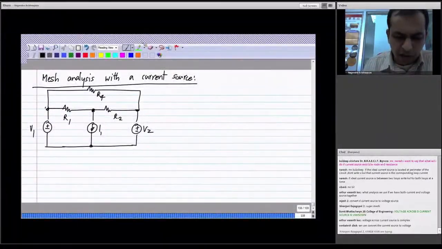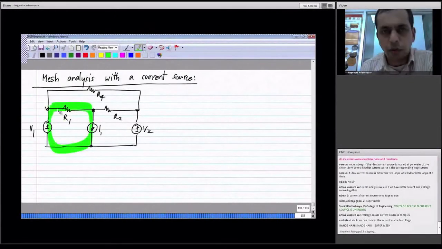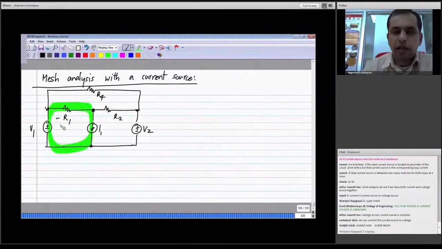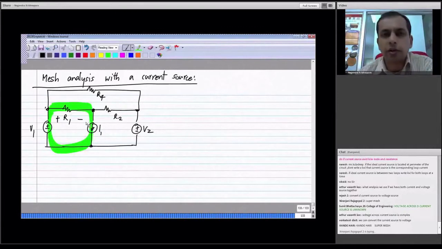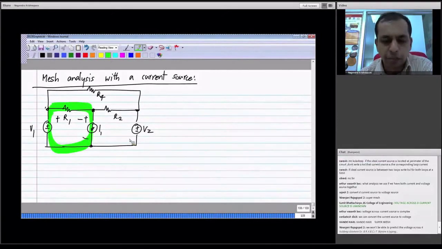Okay. So the problem is the following. While writing KVL for this mesh, we have to say that the voltage across R1 plus the voltage across the current source equals the voltage across the voltage source. But a current source can have any voltage across it. For a resistor, the voltage across the resistor is the current through the resistor times the resistance value. So we can express the voltage across the resistor in terms of the current through the resistor.